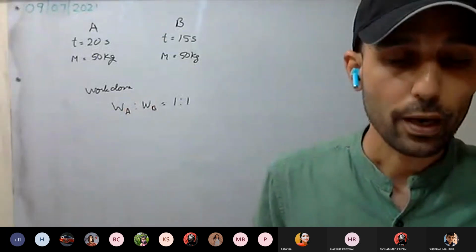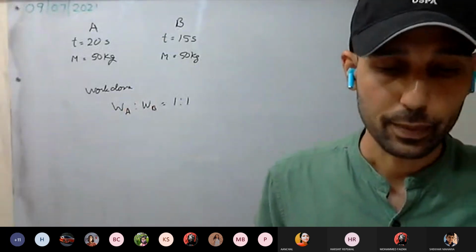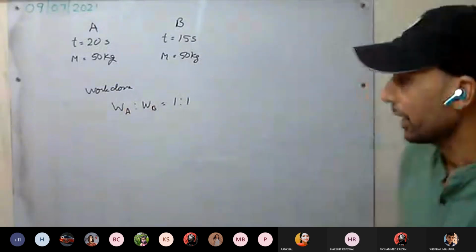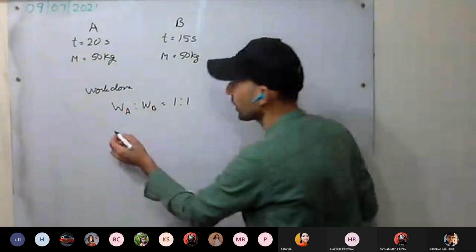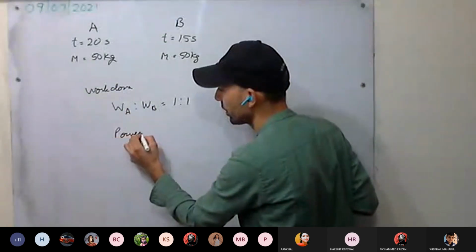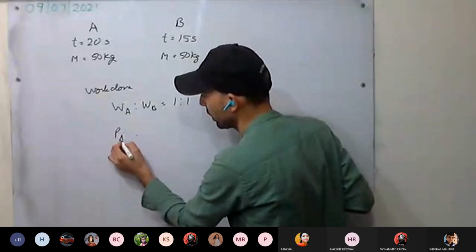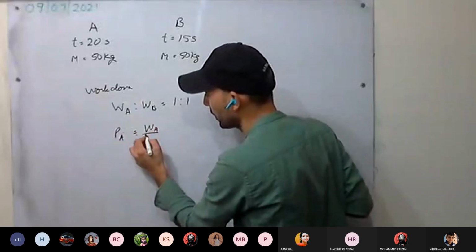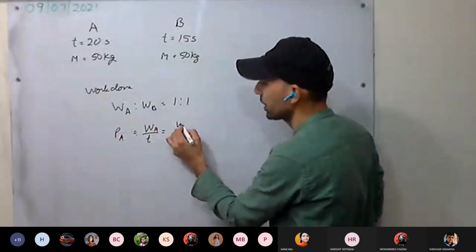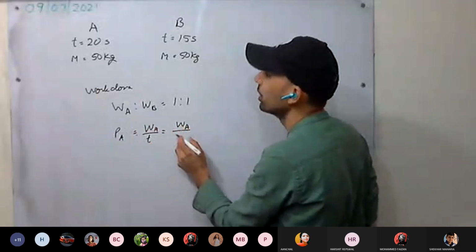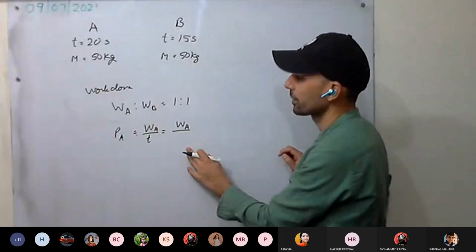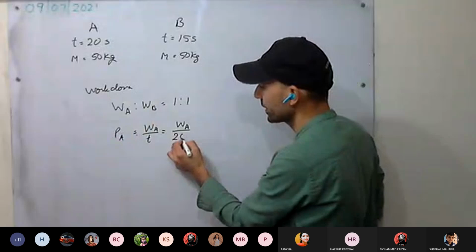Now power developed by the person A and B. What is the power spent by A? P of A is WA upon time, 20 seconds.